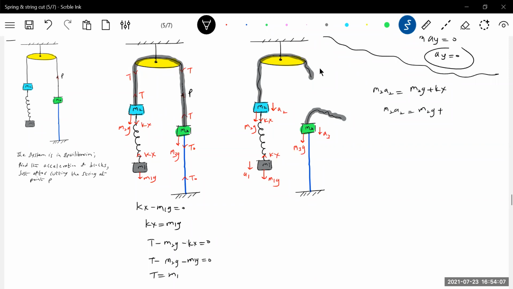Now tension equals M2 plus M1 into G. The other T plus M3G, or say T minus M3G minus T naught equals 0. So T we know. Okay, these are all the initial tensions. Now, what is kx? Kx equals m1g.